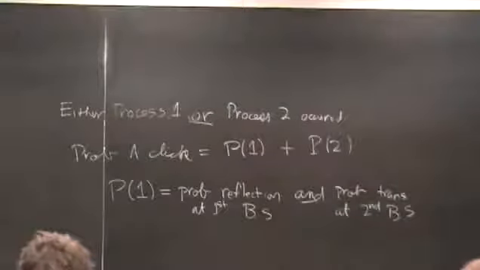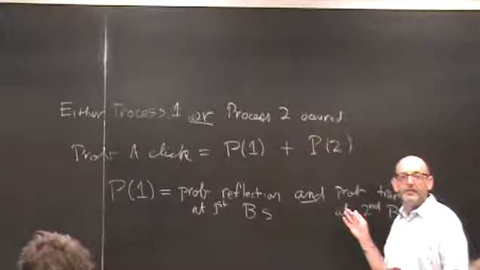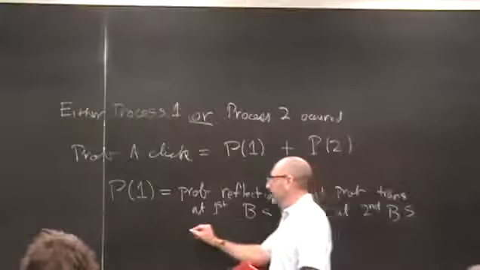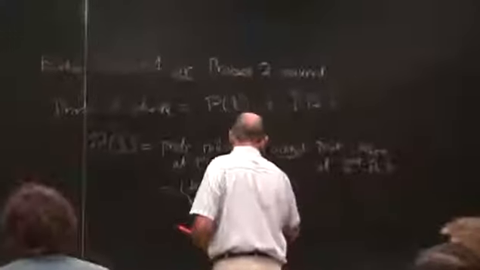Right? And how do you combine those probabilities? Multiply. You multiply them, right? So in this case, there's a half and a half, or a quarter.